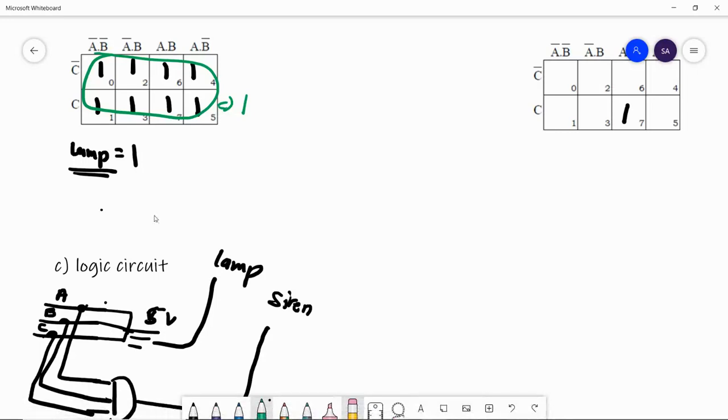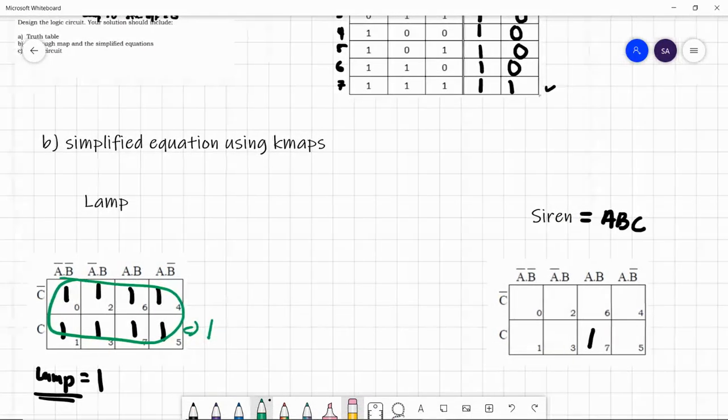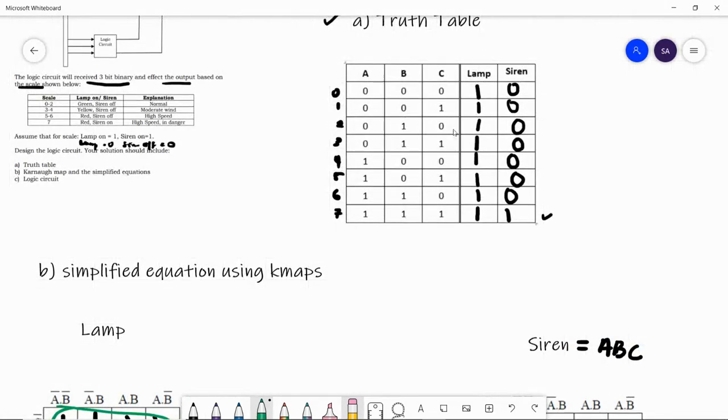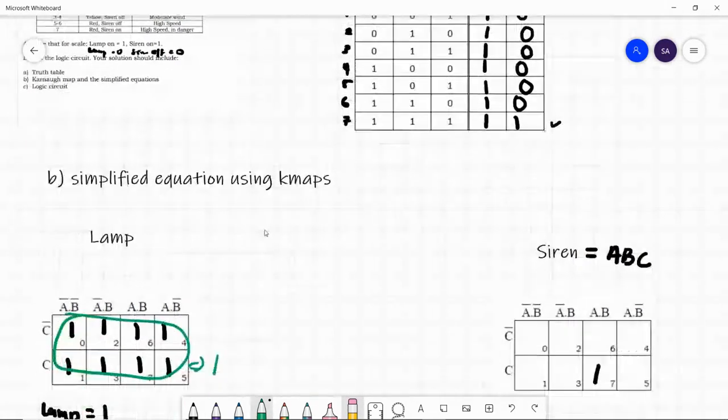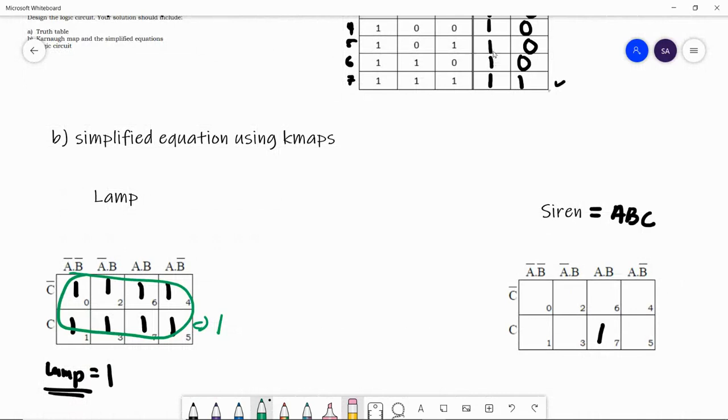So the important thing is your truth table. Once your truth table is correct, you just map, plotting any output of 1 here that represents each particular input, and then draw the loops, the biggest loops possible.